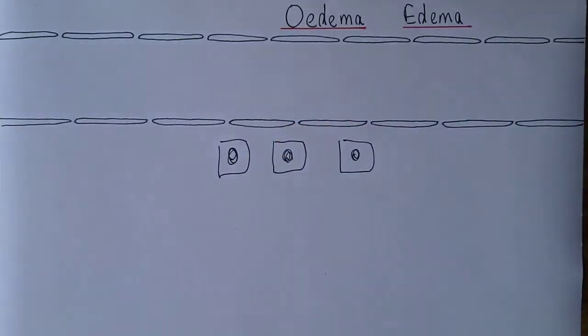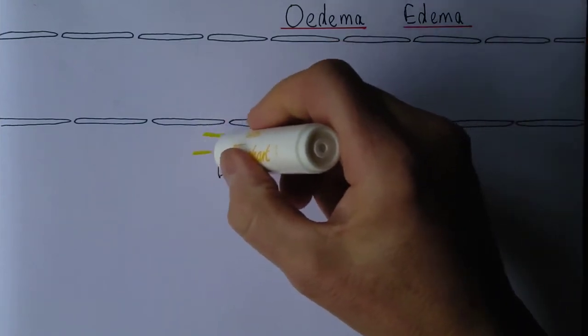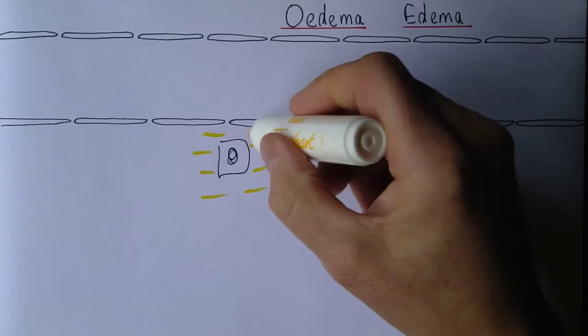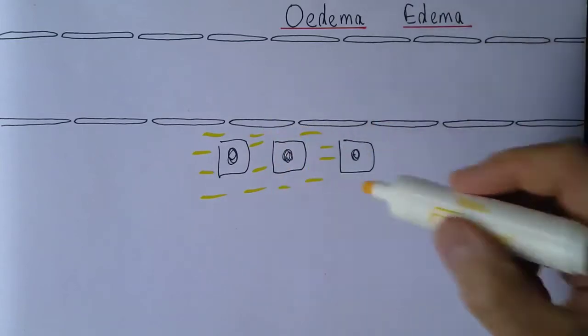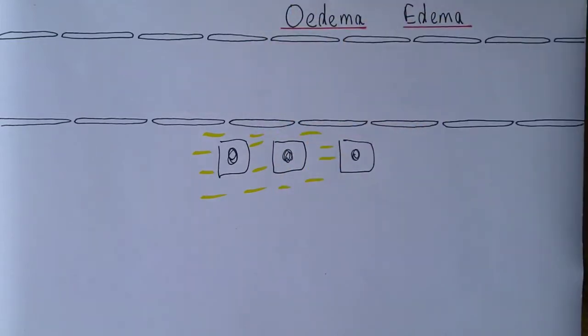In between the cells is the interstitial fluid. Inside the vessel, of course, is the intravascular fluid. Now, there's two ways for you to spell edema there. Pick which one you would like. But I want to think about the causes of edema.